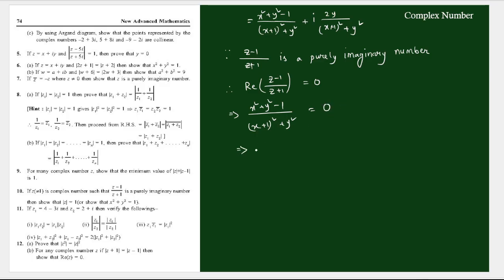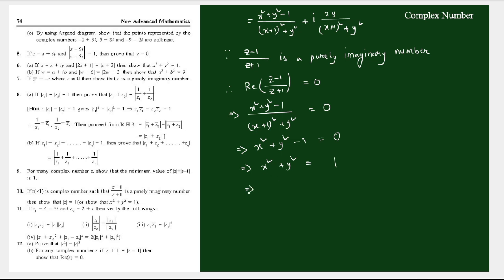Then the denominator goes aside and it becomes 0. Then what do we have? x square plus y square minus 1 equal to 0. Right? So 1 you transfer to the other side. x square plus y square is how much? 1. Proved: x square plus y square equal to 1.